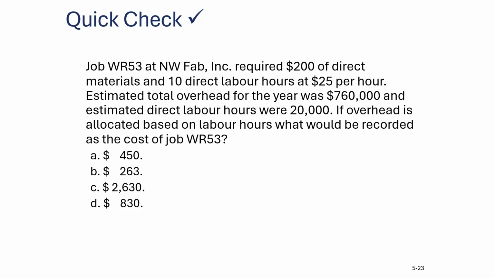The estimated overhead for the year is $760,000, and the direct labor hours were estimated at 20,000. If the overhead is allocated based on the labor hours, what should be the recorded cost of job number WR53? Okay, so pause your video, find your answer, and then play it.